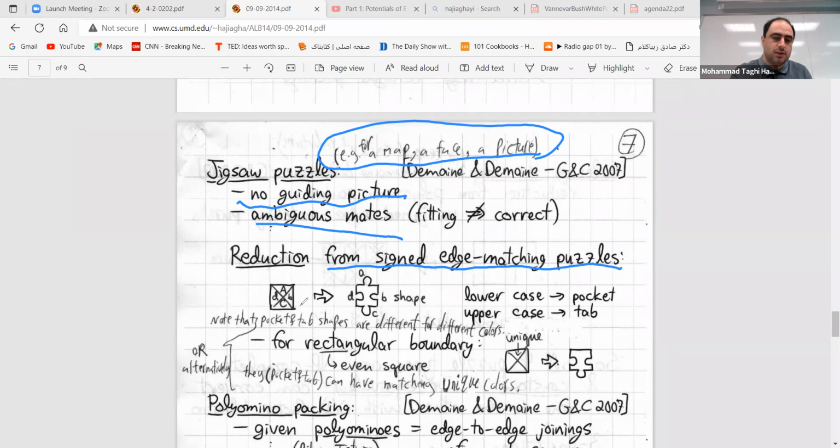Now, how can we do this one? That is important. The signed version actually plays a role here. So you have a signed edge matching square like this, correct? How can we turn this into this case?